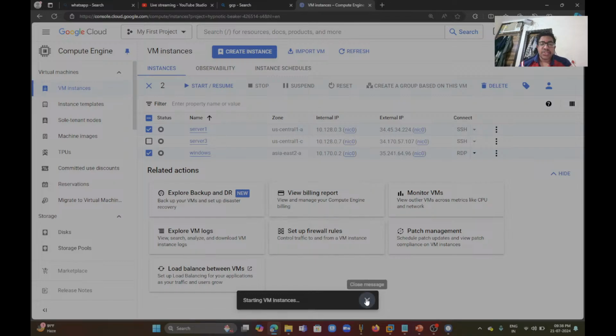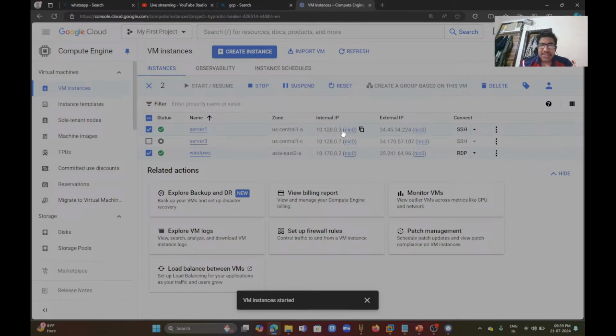Now, after starting the service, we will log in to the particular service. See, these are the zones and regions. This is US Central 1A, this is US Central 1C, this is Asia East 2A. These are the regions.